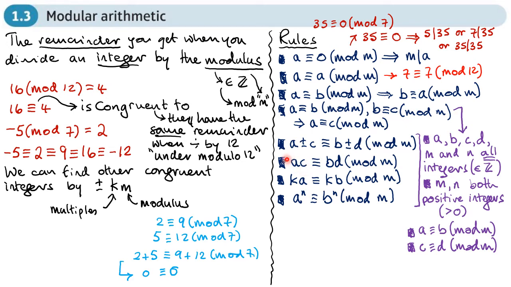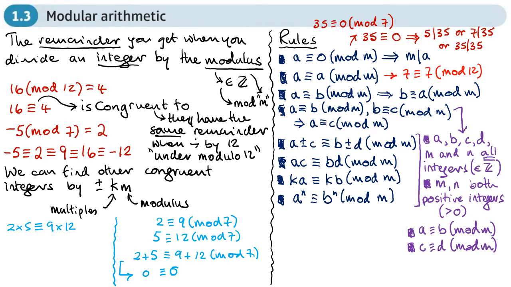Now we can do the same thing with multiplying, so let's try that out using the same numbers again, A, B, C, D. We multiply A and C, so 2 times 5 should be equivalent to B times D, 9 times 12, under mod 7.